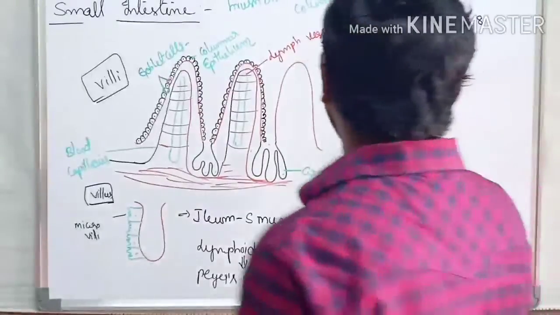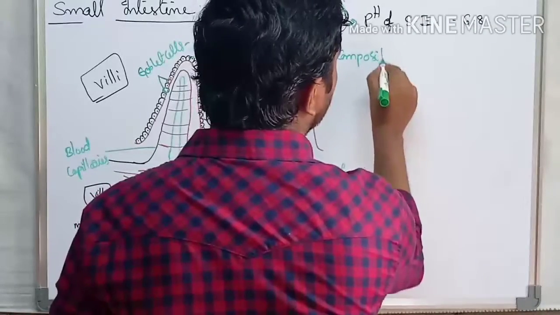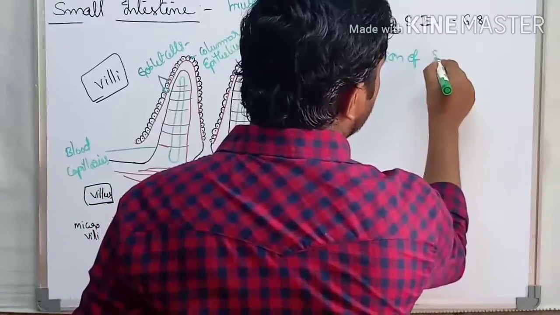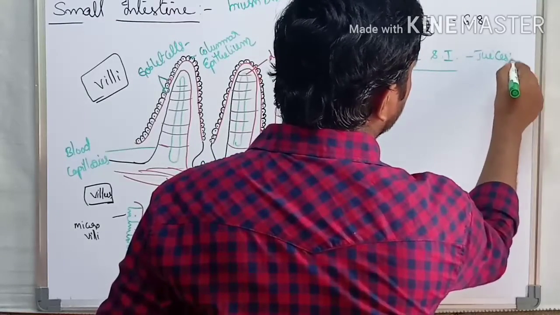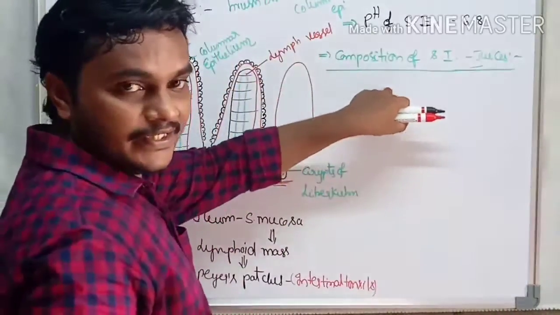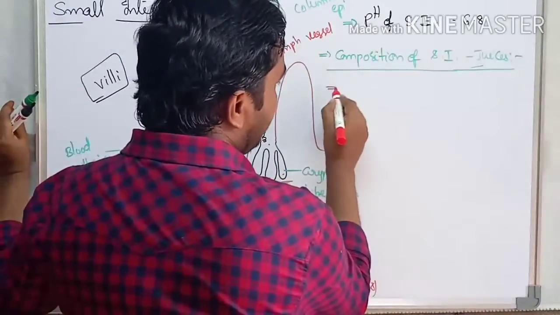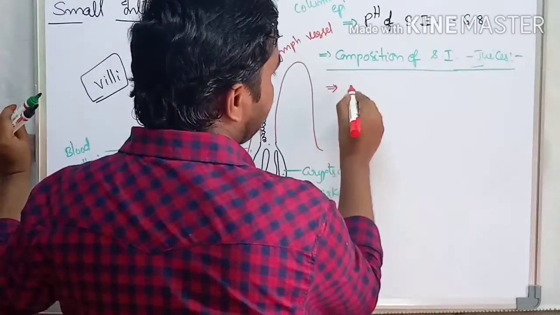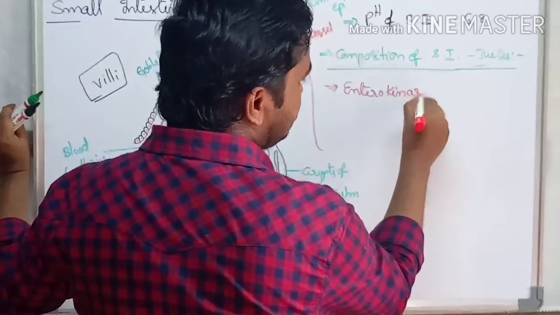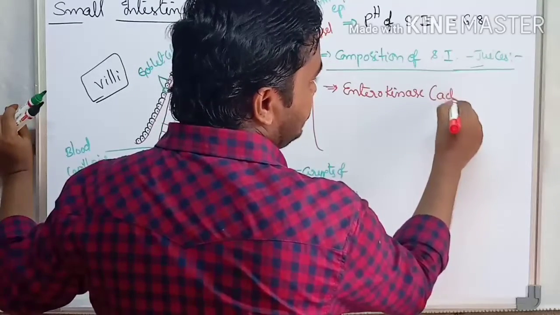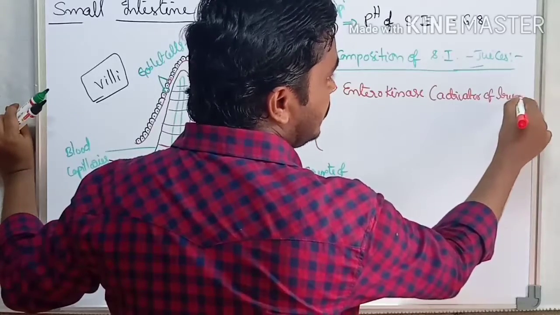If you look at the composition of small intestinal juice, there are many enzymes. First and foremost, enterokinase, the activator of trypsin.